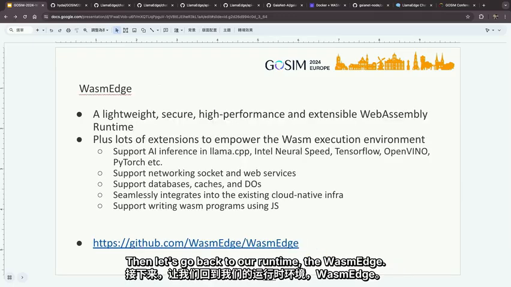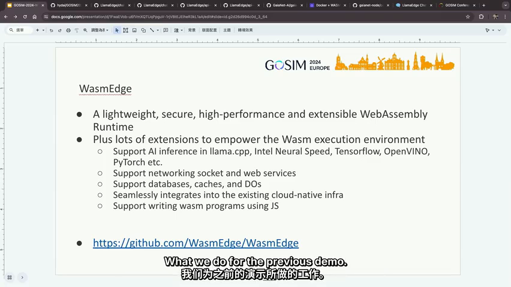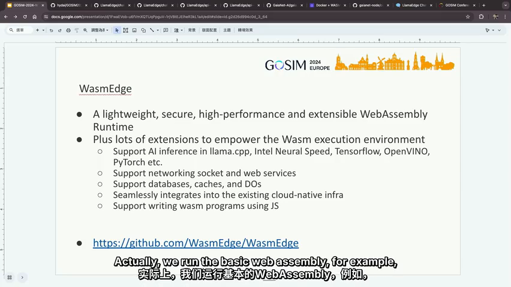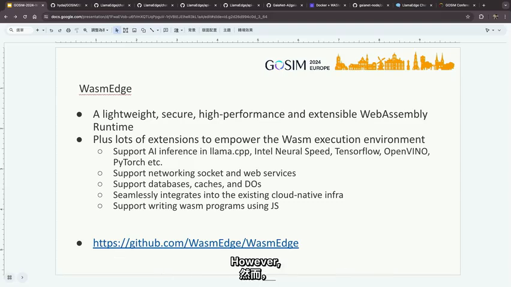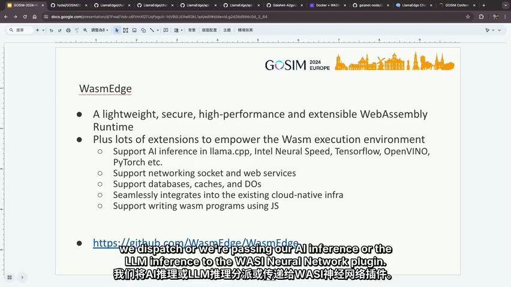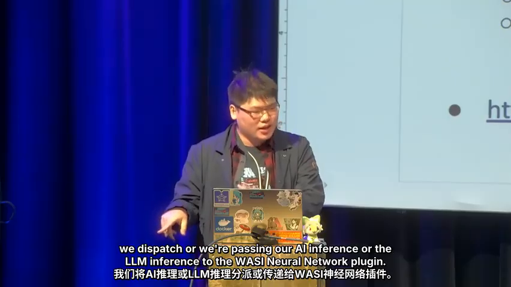Then let's go back to our runtime, WasmEdge, and what we did for the previous demo. Actually, we run the basic WebAssembly, for example, handling the input, output, and doing the basic logic. However, we dispatch our AI inference or LLM inference to the GOSIM neural network plugin.